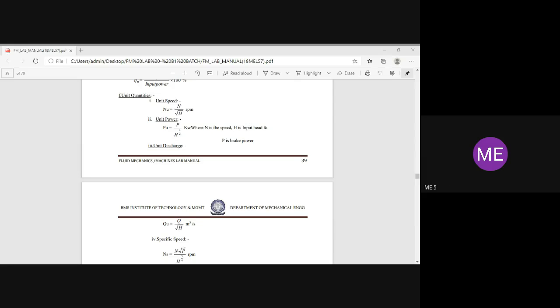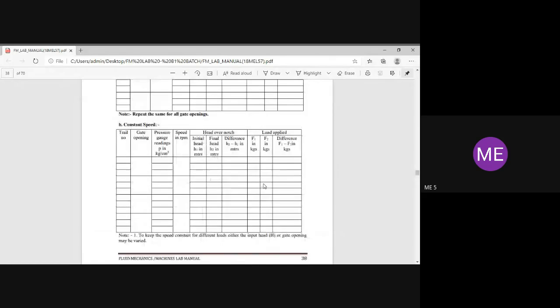Now, all of you have to note down the constant speed tabular column. First you note down all the readings. I'm not giving all four.